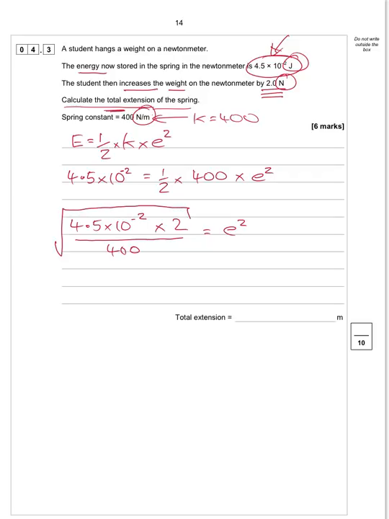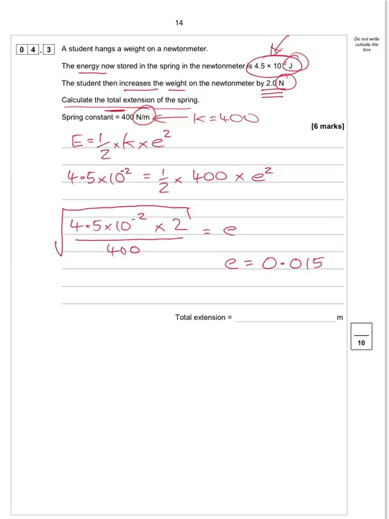So if I square root all of that, I get just E. And so calculating what E comes out to be, that works out that E is equal to 0.015. Okay, so that's the initial extension of the spring.